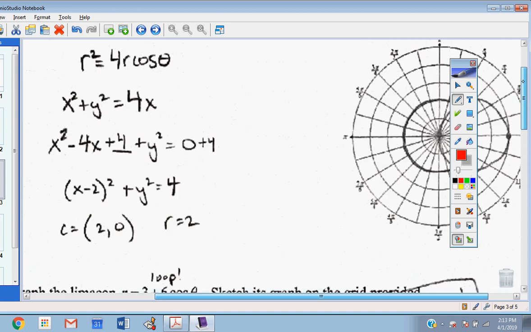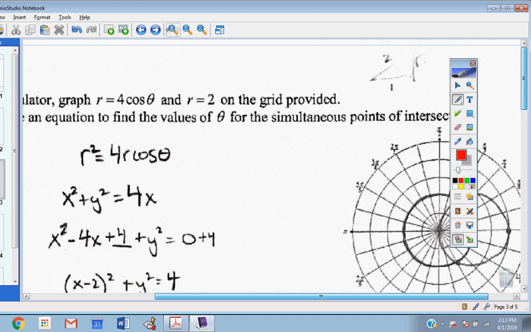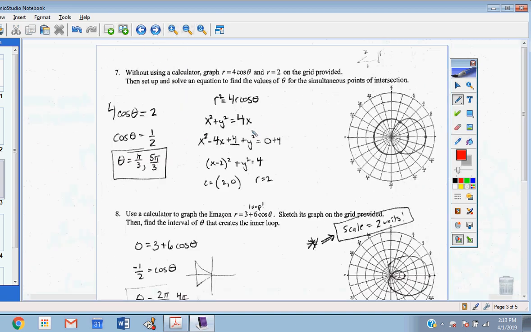Let me zoom out a little bit here, and maybe, again, I can just bring some clarification to what's going on with these. So when you try these, I'm not worried about you graphing these perfectly. Just a sketch is great, but the calculator obviously helps you come up with that. But I do want you to be able to see that right here, we would want to multiply both sides by r to get here.